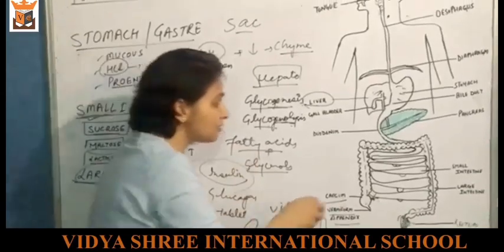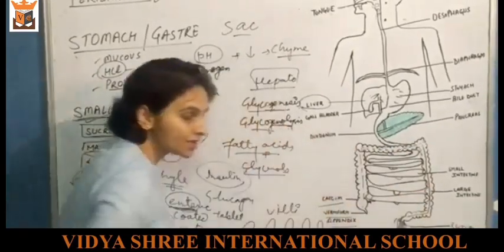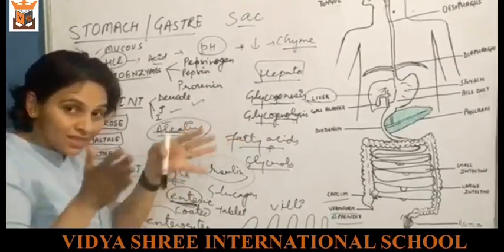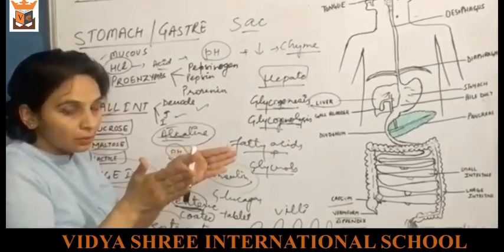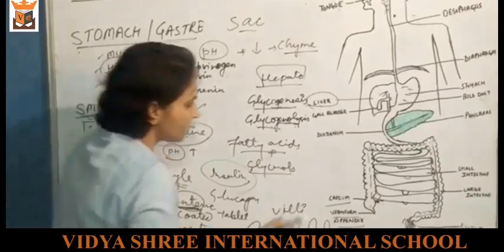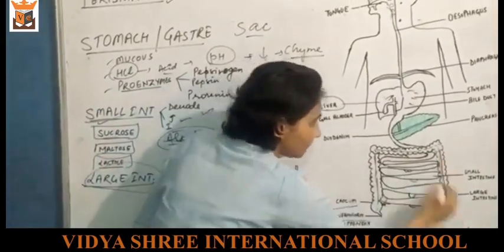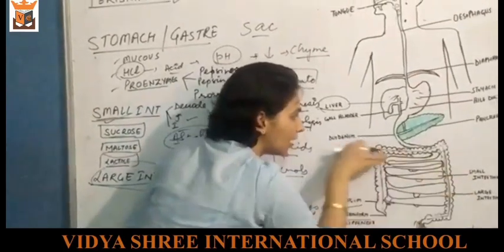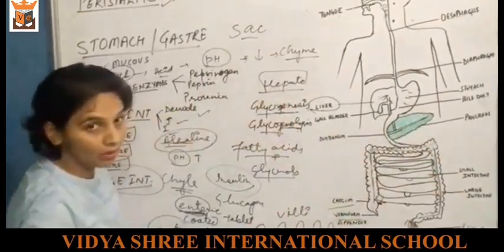Now the undigested food goes to the large intestine. It is called large, though its length is small, but its lumen is broader than the small intestine. See, this is called colon. This is the ascending colon, this is the descending colon, and this is the transverse colon.